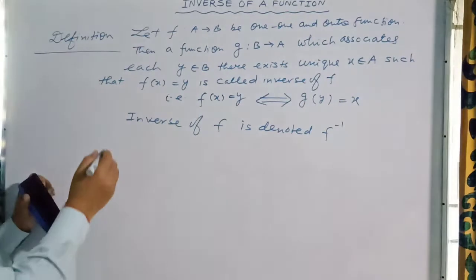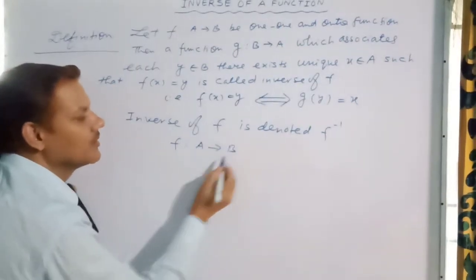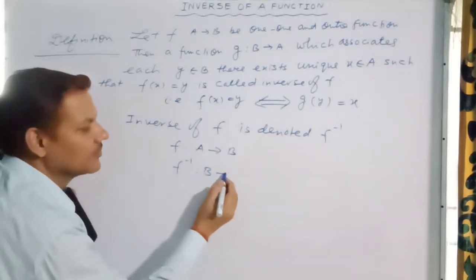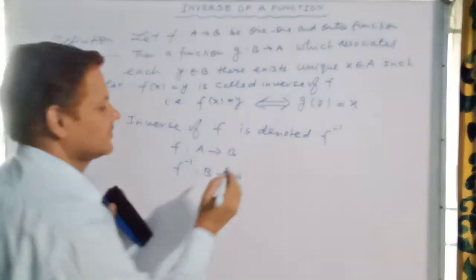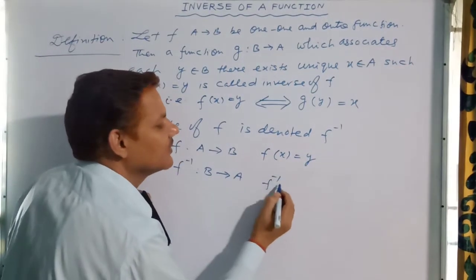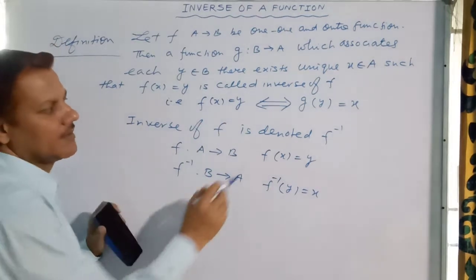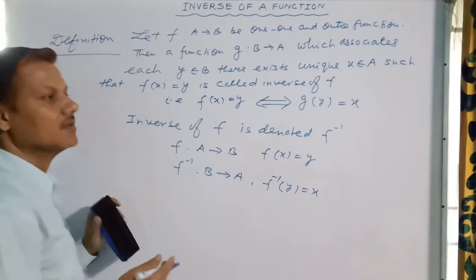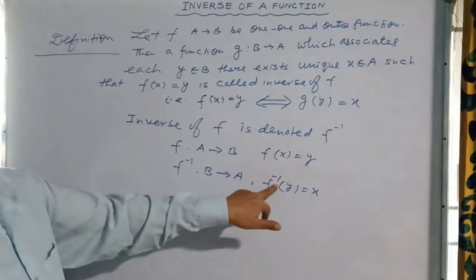So here f is a function from A to B. At the place of g, we write f inverse, which becomes a function from B to A. This new function g is called what? f inverse. For this function, f(x) is equal to y, and from here we write f inverse of y is equal to x. So what is the change here? Only that I write f inverse at the place of g, since this is the way to denote the inverse of any function.